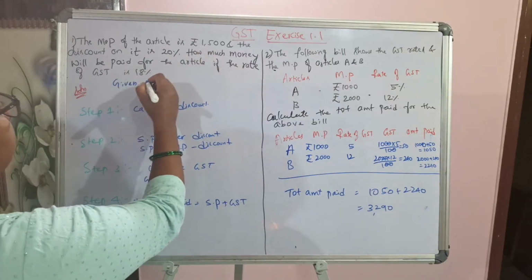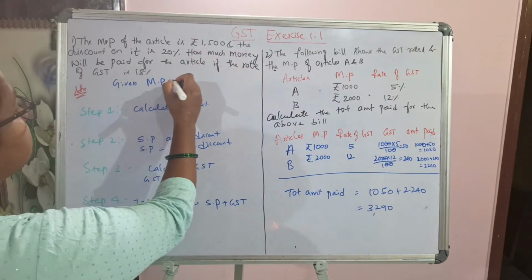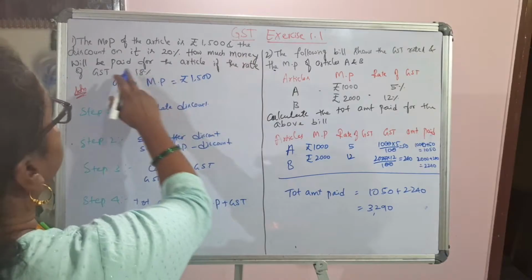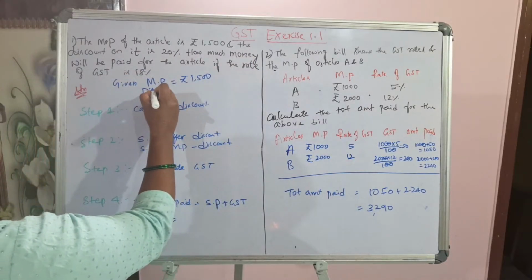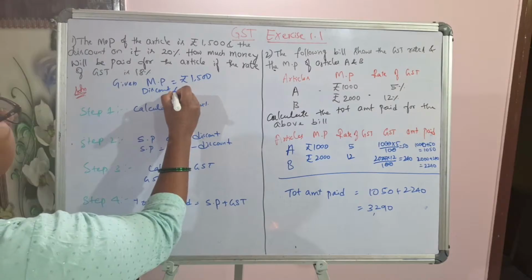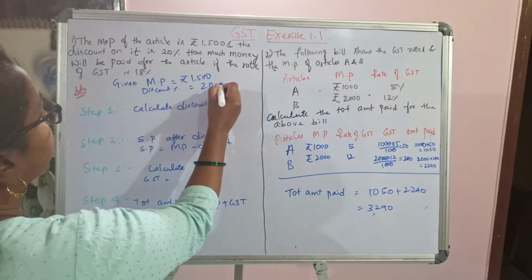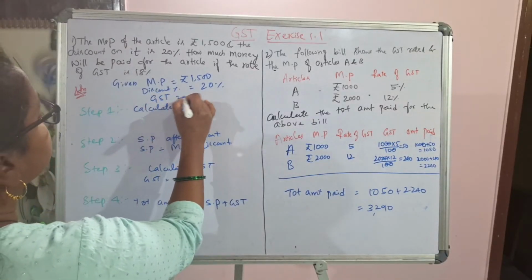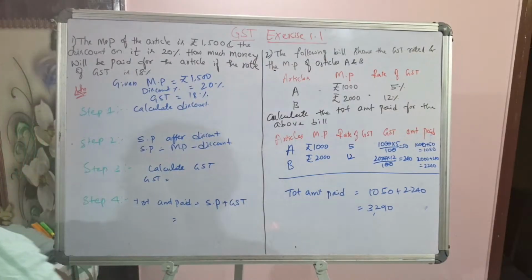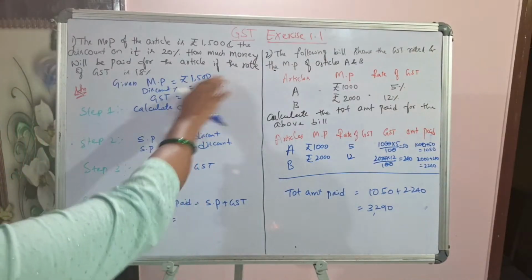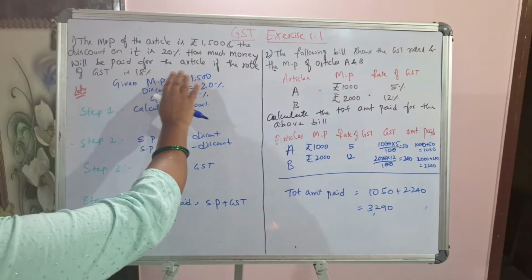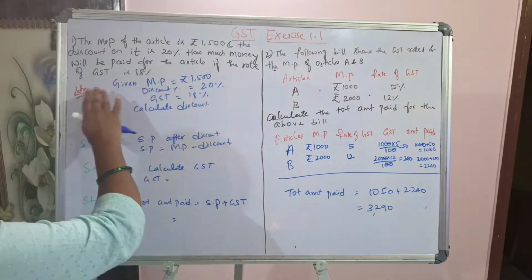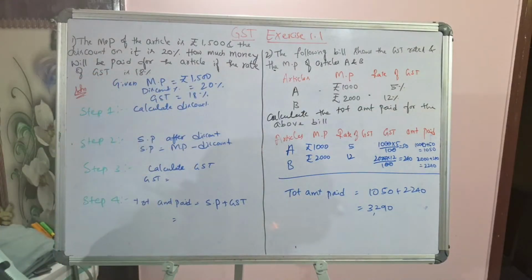It is given that the market price is rupees 1500, the discount percent is 20%, and GST is equal to 18%.